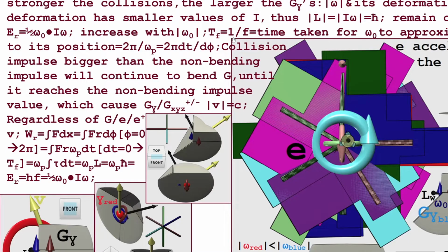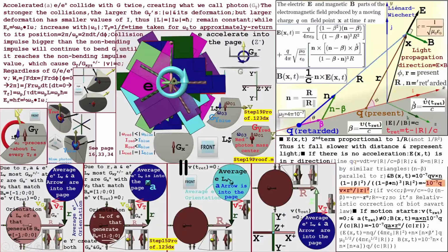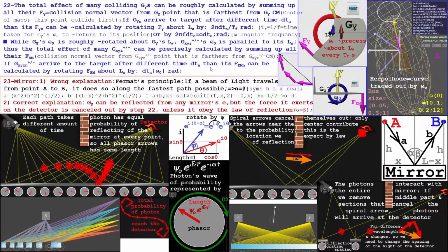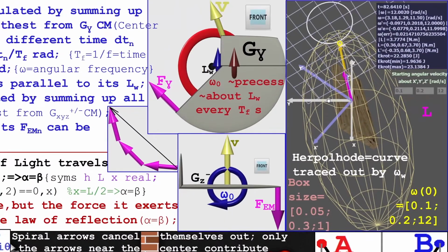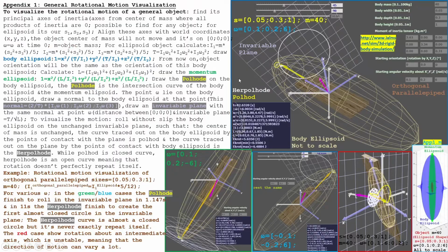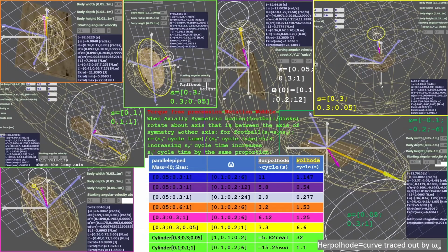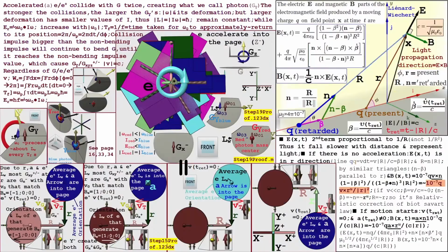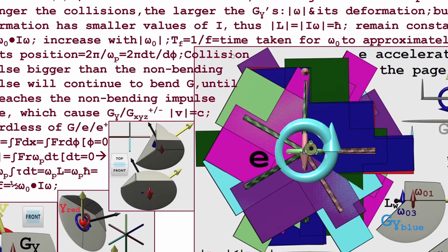As demonstrated in page 16 and 33, even though each photon has a non-symmetric shape, its angular velocity still undergoes some kind of indelicate precession about its angular momentum. Let's define T sub f as the time taken for the photon angular velocity to approximately return to its initial position.